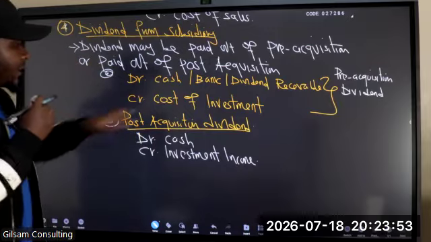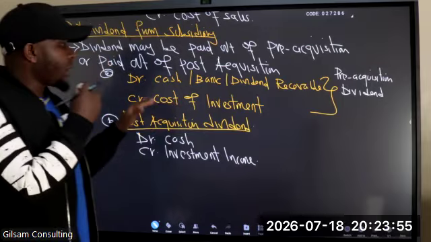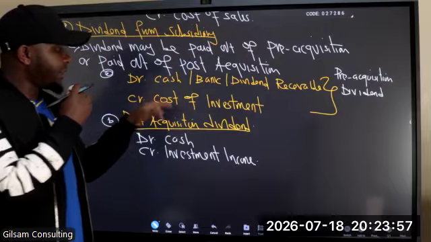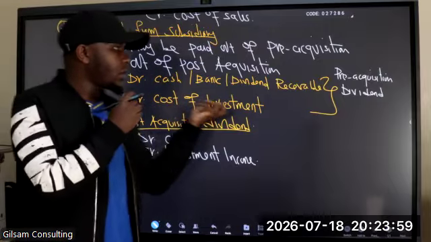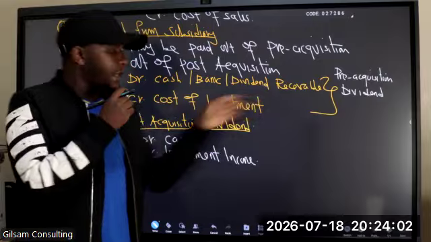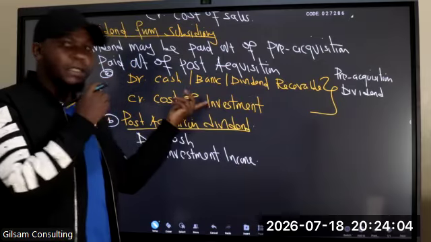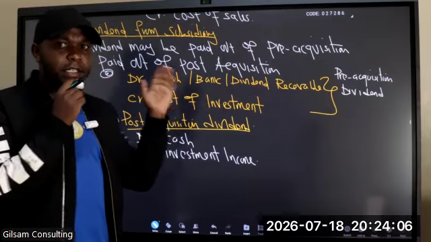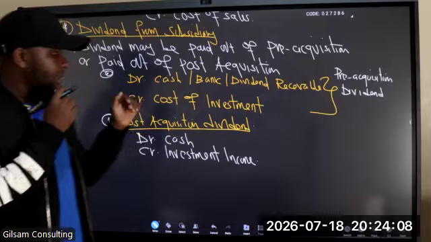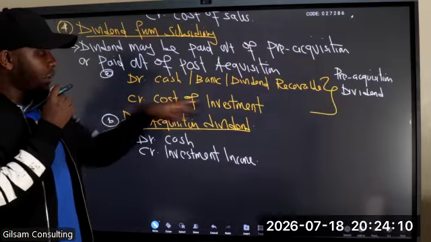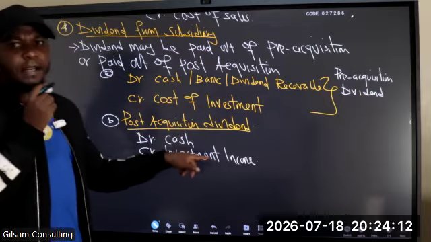Remember that if you get a dividend before acquisition, it is part of the purchase consideration, so it is credited against the purchase consideration. That's why we credit the cost of investment instead of an income account.